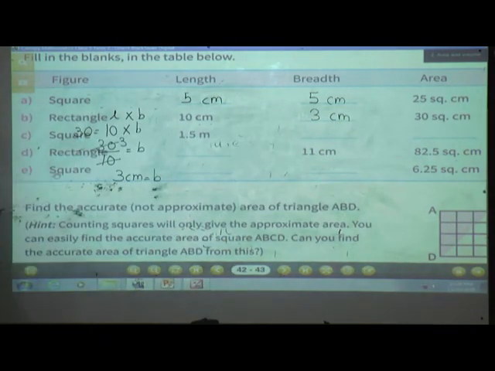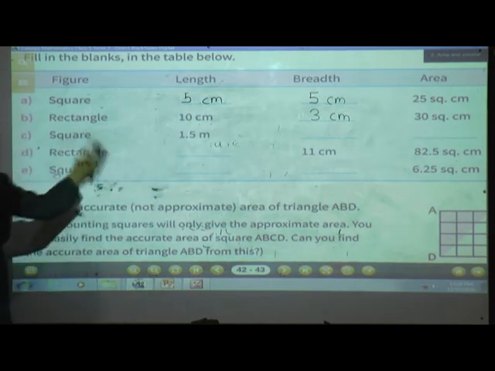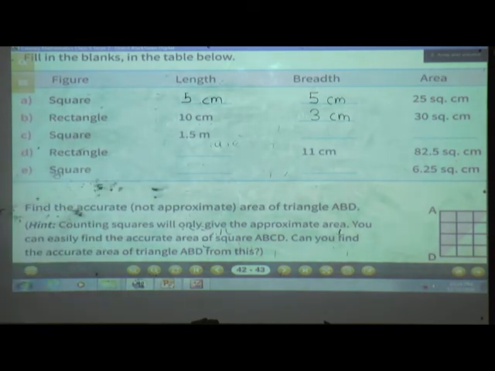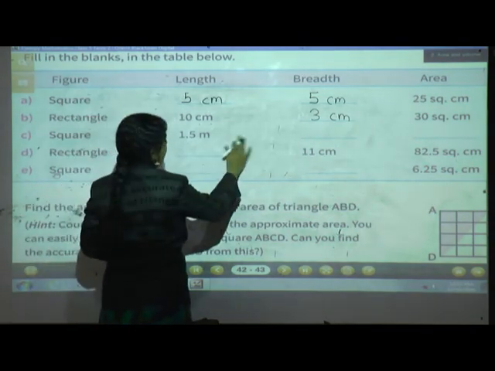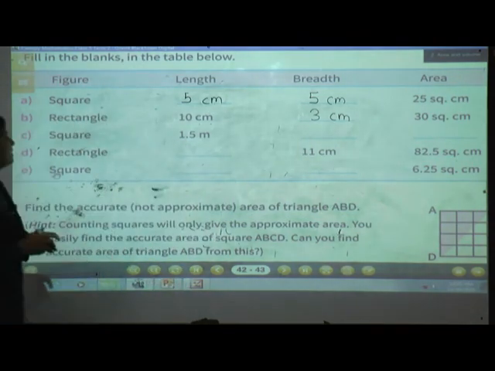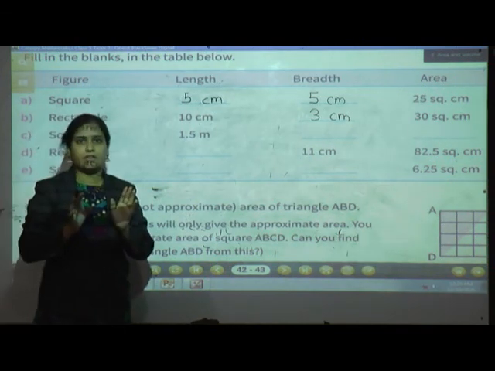Now students, here square. Yes, they have given length 1.5 meter, but we don't know the breadth and area. Now what to do students? Yes, see, square has all sides equal, same.